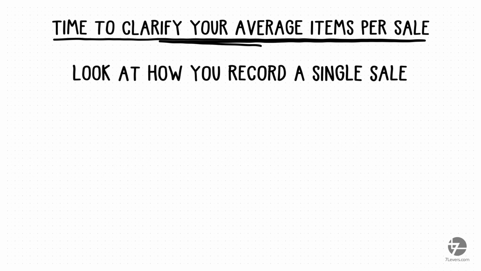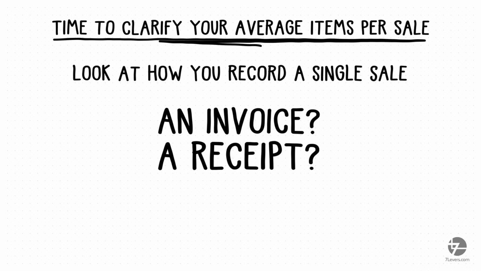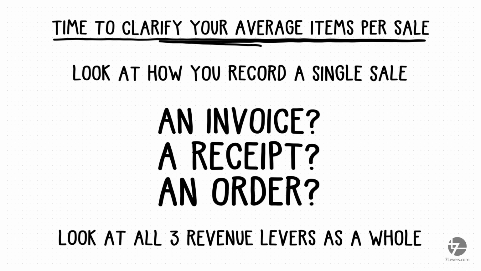Some ideas about how you might work this out are to look at how you record a single sale. For example, it may be an invoice, but it may also just be as simple as a till receipt, or it may be an order with an order number. Whatever these things are, you need to understand how things are connected together. And it may mean you need to look as a whole at all 3 revenue levers.